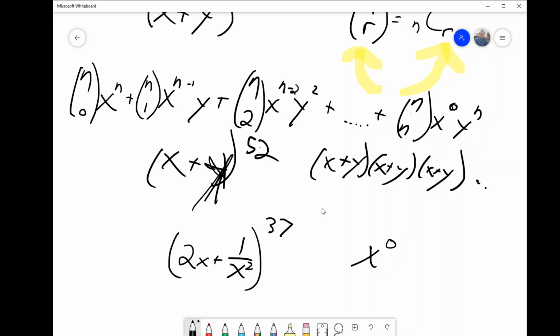So if your first term is 2x, you're going to have 2x to the r times 1 over x squared to the n. Sorry, this one will be r, this will be n minus r. And when do you have x to the 0? So when is the n minus r from the first term equal to the negative 2r from the second term?